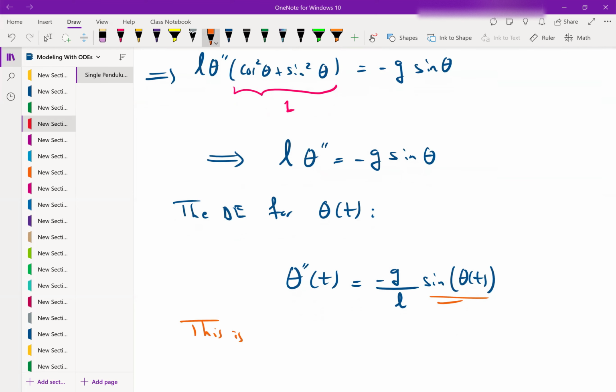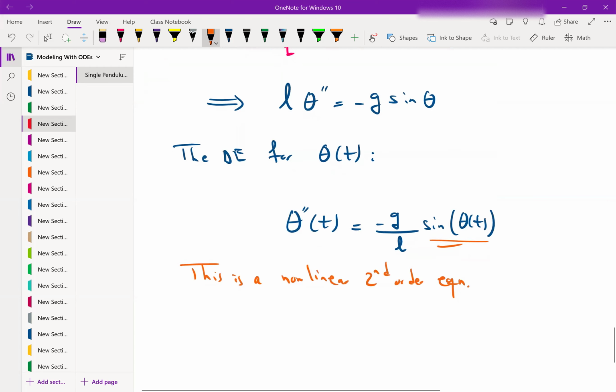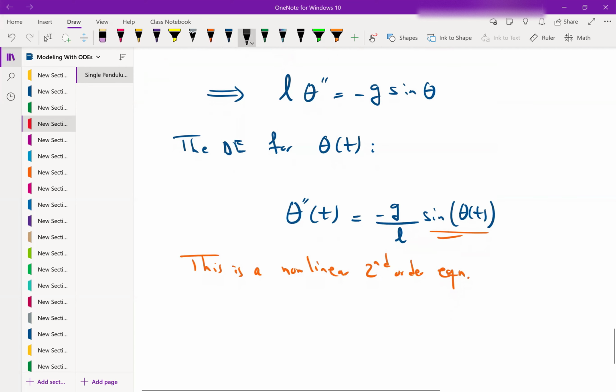We don't have a method for finding the exact solution. So I'm not going to solve this equation at this point. This is the equation that governs the angle theta of t. Folks, let me make one last comment here.